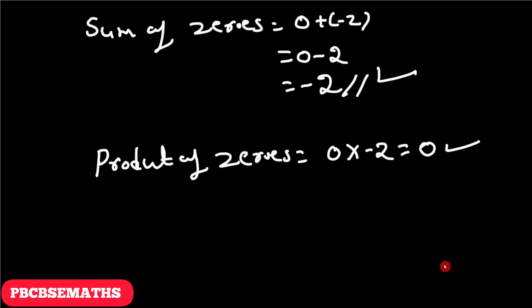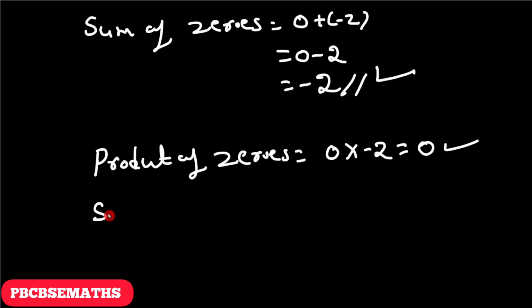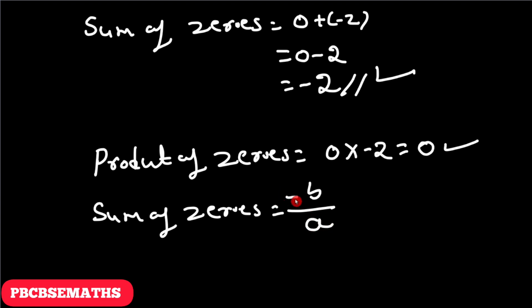We know that sum of the zeros is always equals to minus b by a. That is the negative of coefficient of x divided by coefficient of x square.